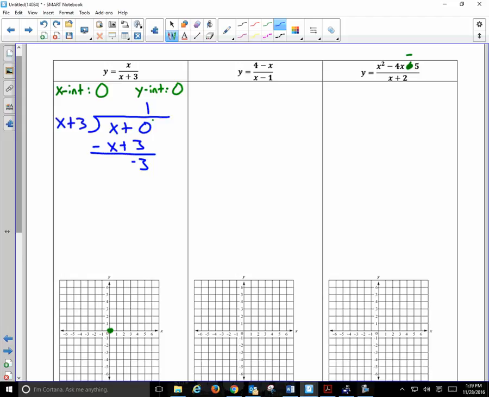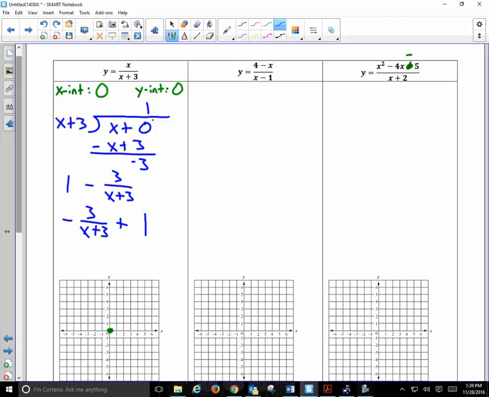-3. So if I were to write this, I would get 1 minus 3 over x plus 3, correct? Or you would maybe prefer to see it as -3 over x plus 3, plus 1.